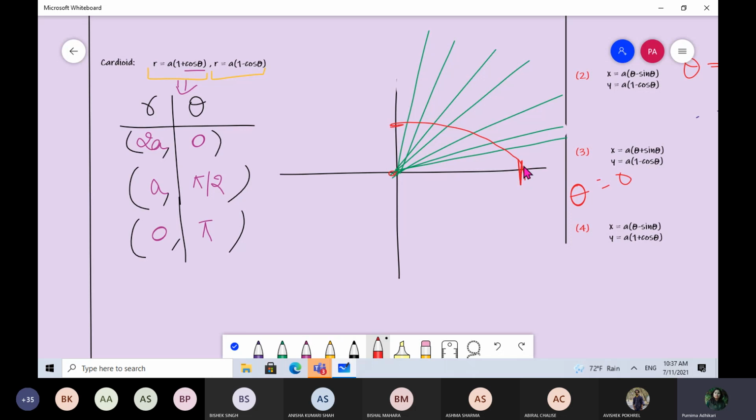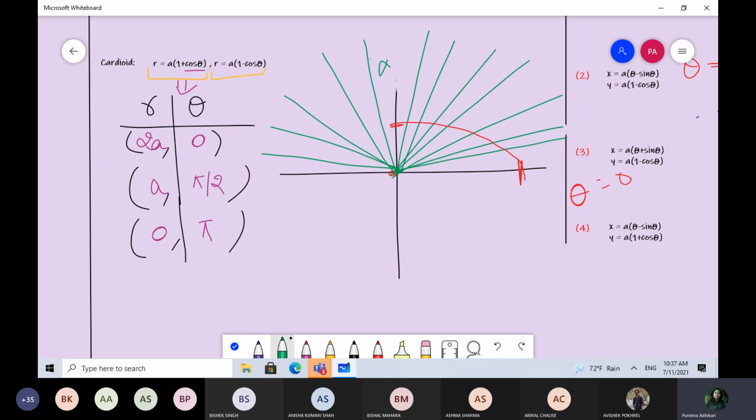At theta equals 0, you have got maximum radius, and then you see this distance is less, and so on, and this is the least distance. Similarly, we will have many theta values in between 0, pi by 2 and pi also.